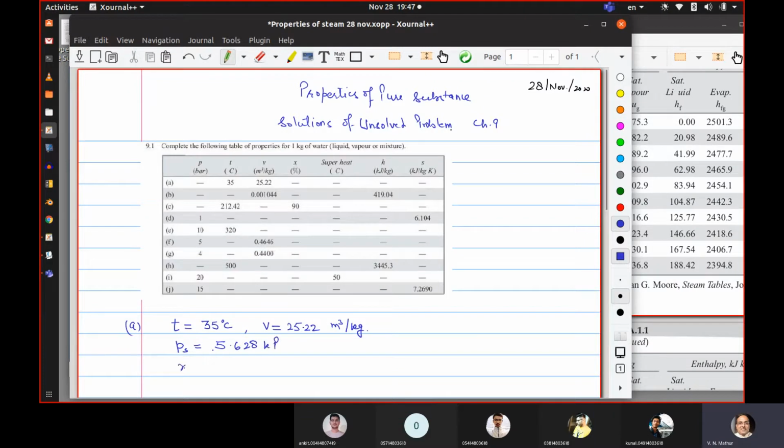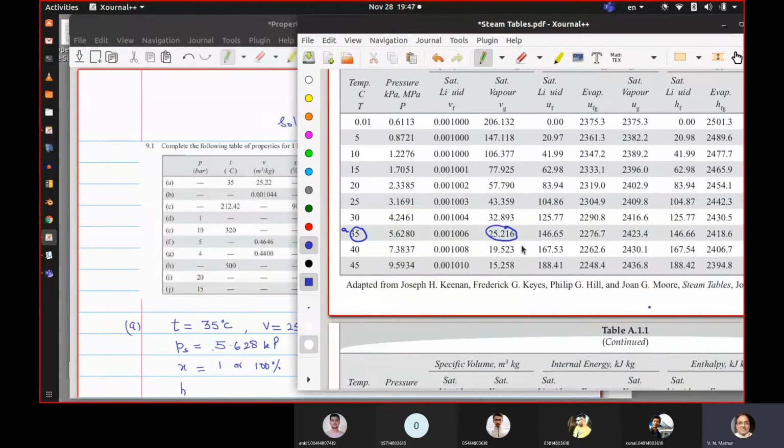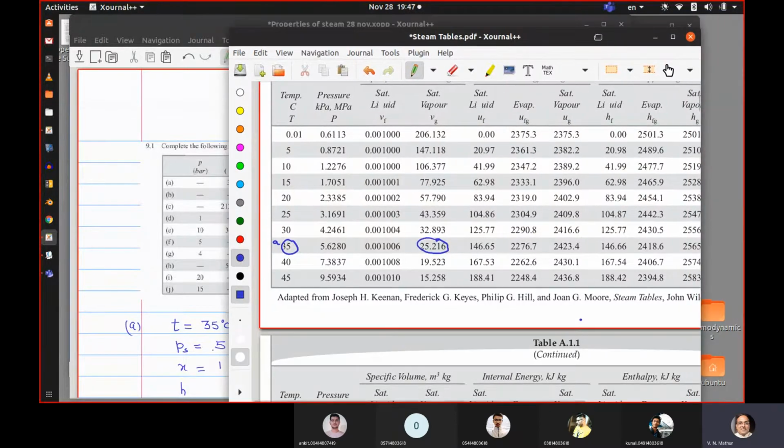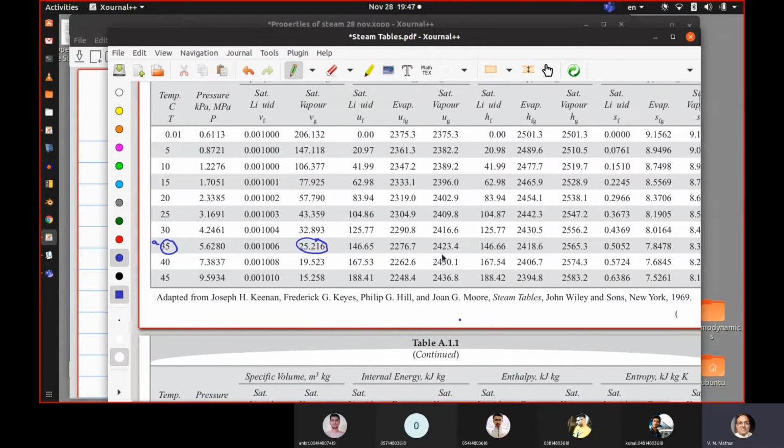The dryness fraction should be 1 because it's saturated steam. So 1, or you can write 100%. X value is 100%. And there is no superheat. And the value of H is to be written. And the other value is S. So H should be, since it's at G point, so H should be at G. That means at G means this value, 2565.3.